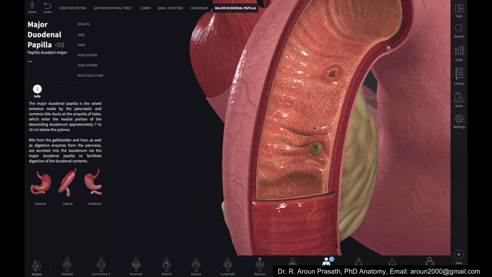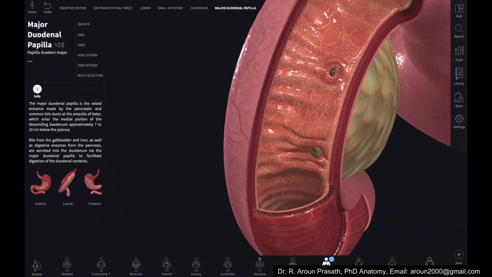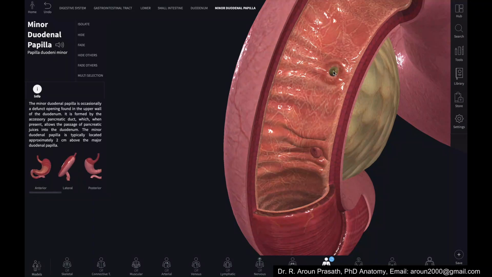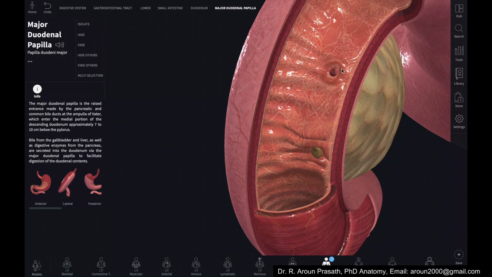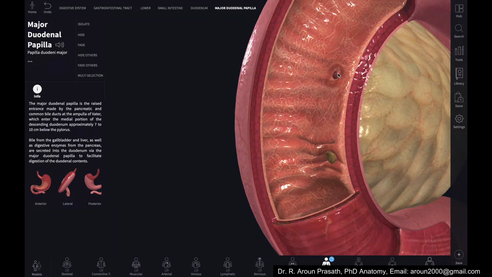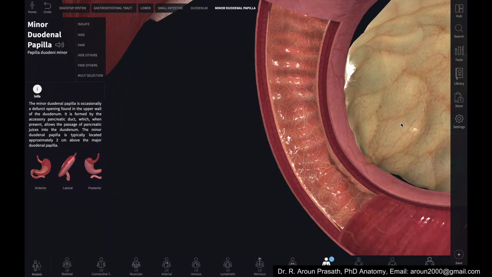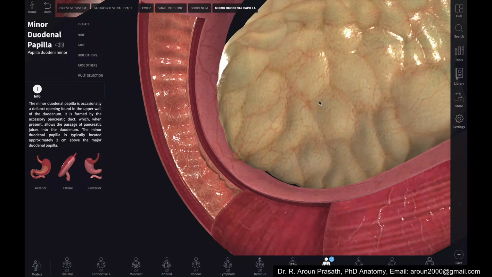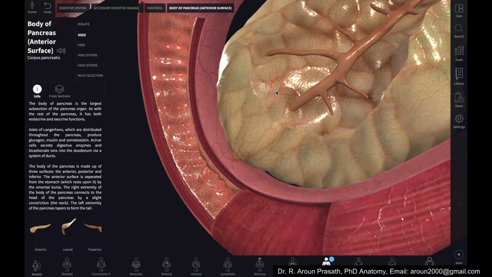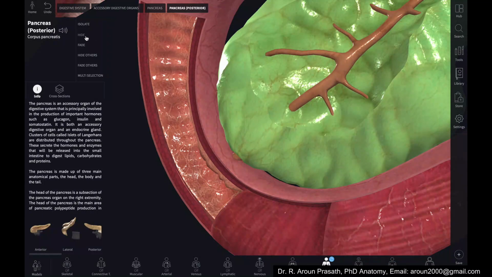Actually, in the intrauterine life, there is a separate opening for the liver and a separate opening for the pancreas. What happens is this duct will fuse and join with the pancreatic duct. For that, I will remove a little bit of the pancreas here.